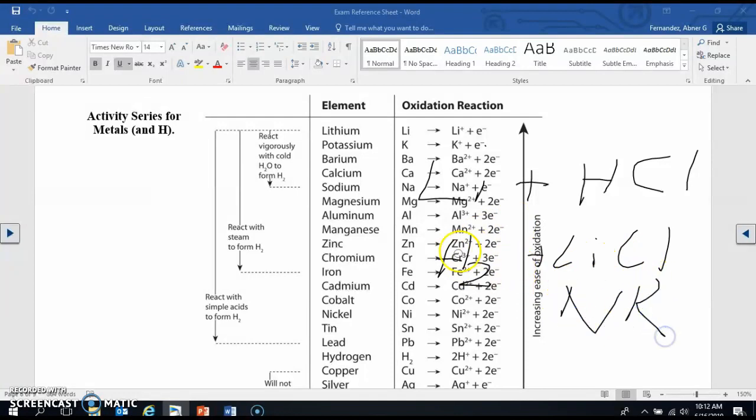And the reason why there's no reaction is, as you can see, hydrogen is way lower than lithium. So again, the only way that a single replacement can occur is the single atom, the atom that's not combined with anyone, has to be higher than the atom that is combined with the negative ion. Okay, so I hope that makes sense.